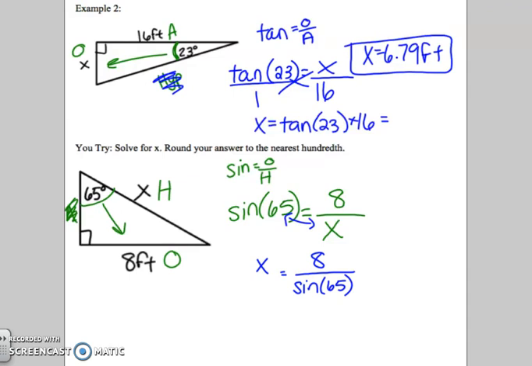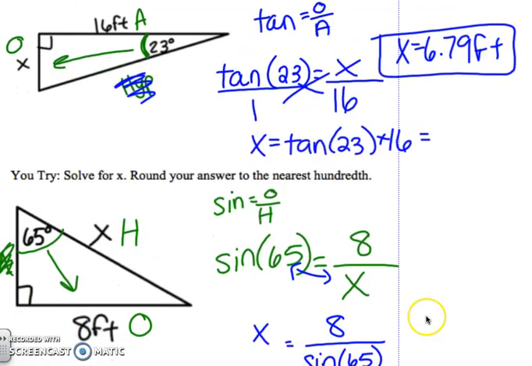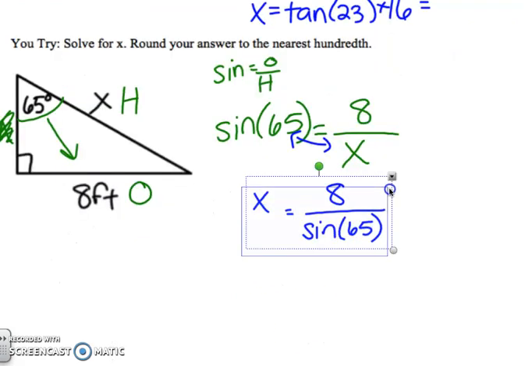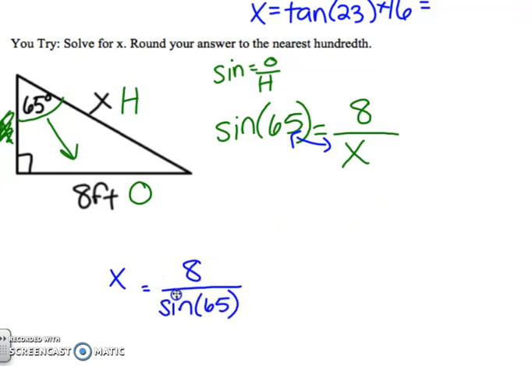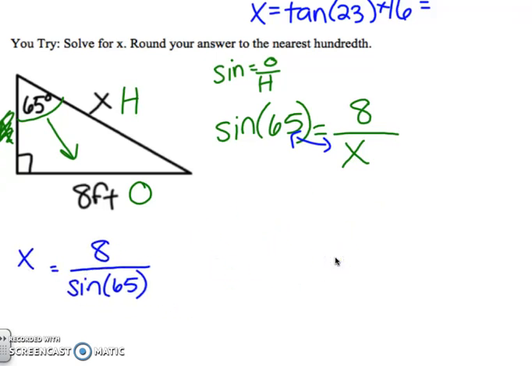Okay? The reason that works out, I'm going to move this over here. Let's go. So if I were to solve this mathematically, you're always going to need to multiply by what's in the denominator. Okay? And I would get x times sine of 65 equals 8.